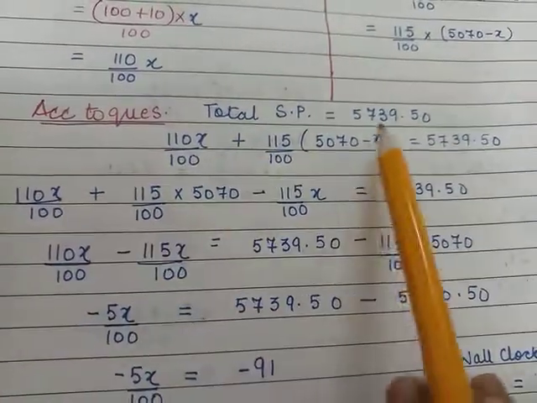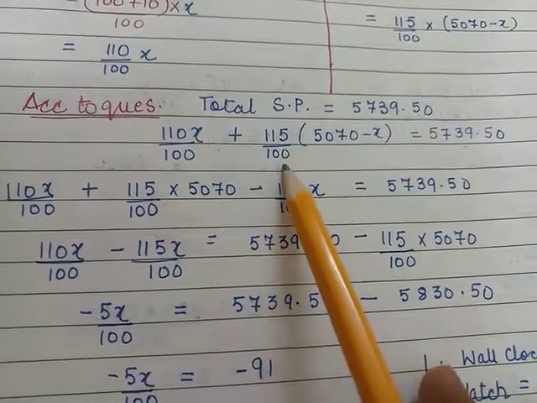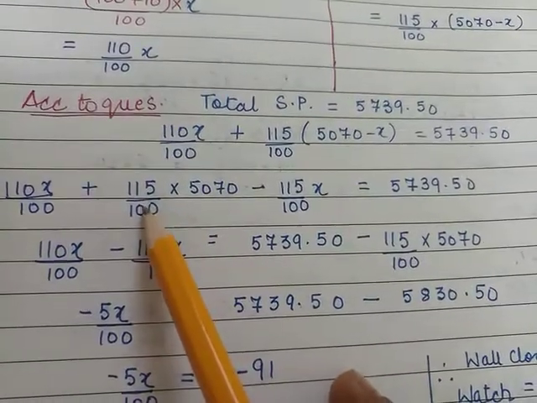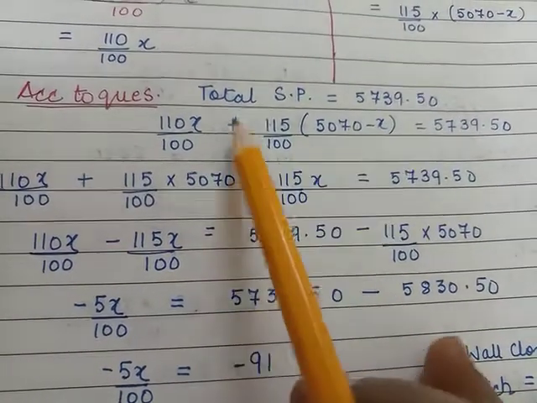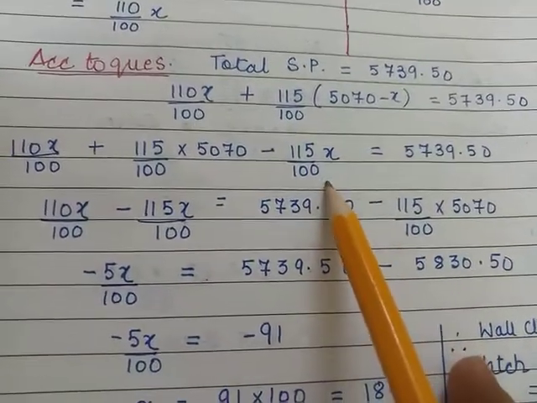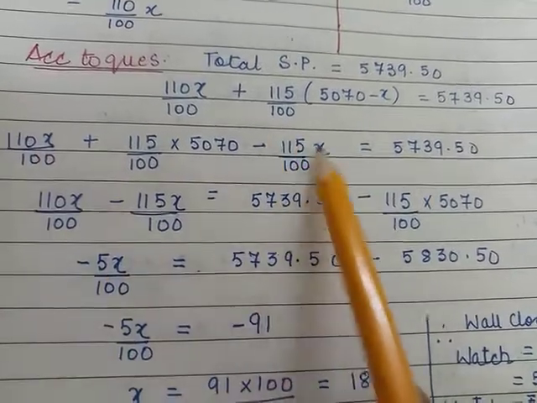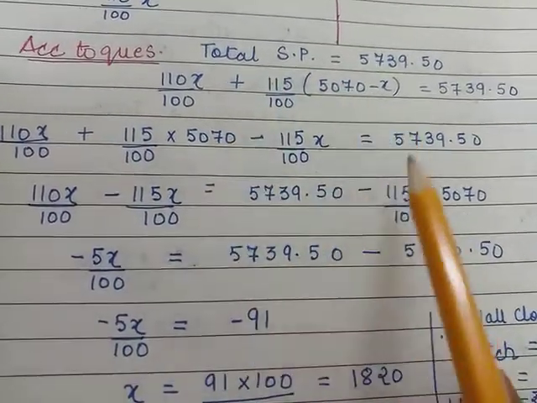Now we solve this part. We write it as it is. Now 115 upon 100 is multiplied inside the bracket. So that will give you 115 upon 100 into 5070, minus 115x upon 100. That is equal to this. We subtract the like terms and we transpose this constant to the right side.